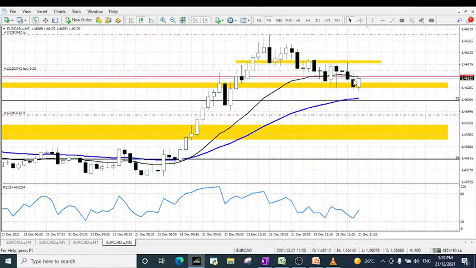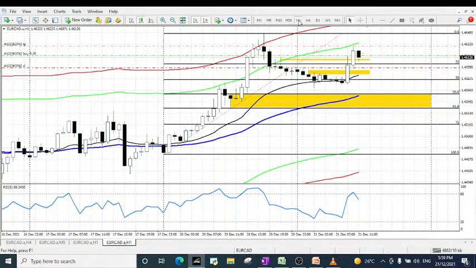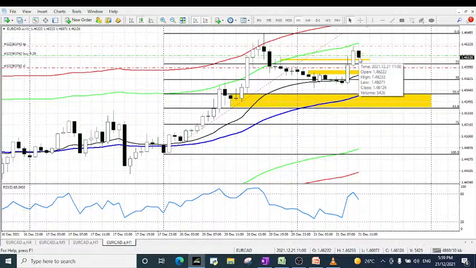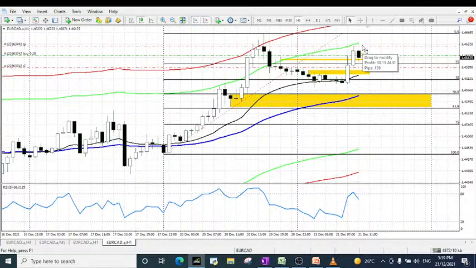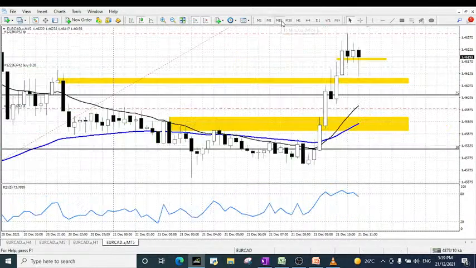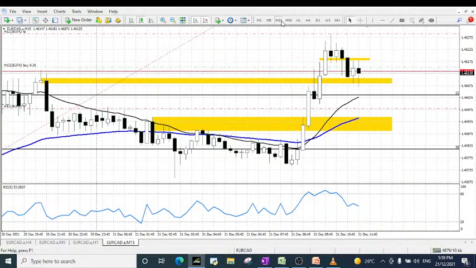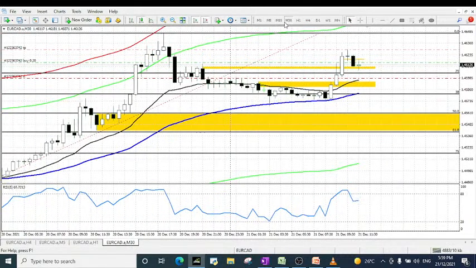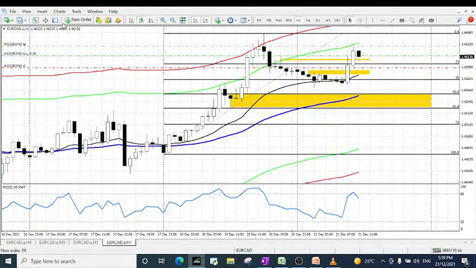Even though I think most likely this target will be hit, actually, this is my main objective. But if this current trade doesn't work out, I'm out and I wait for the next one.